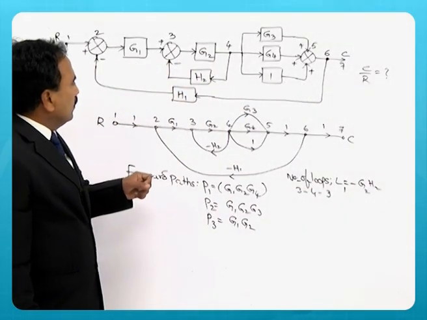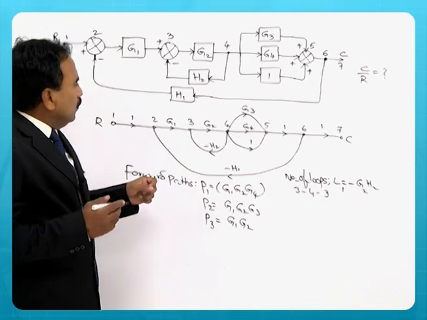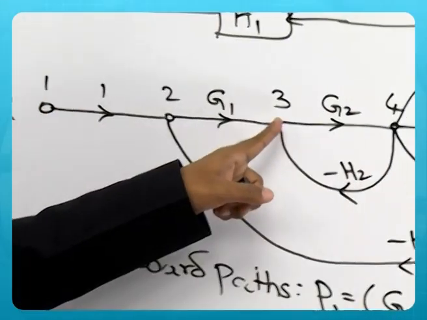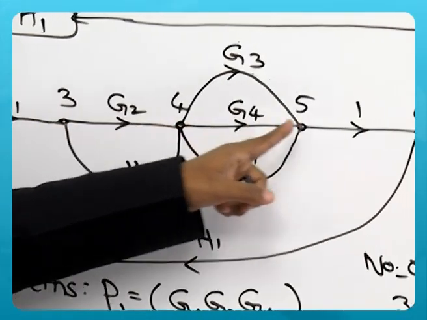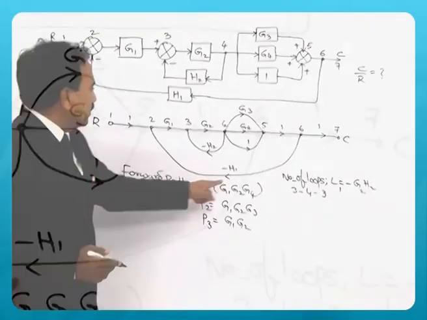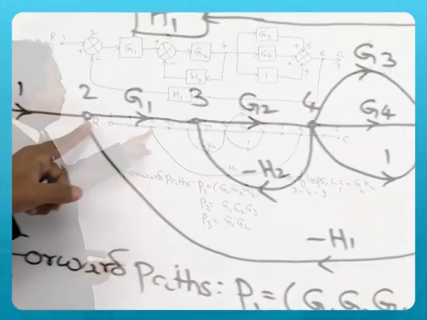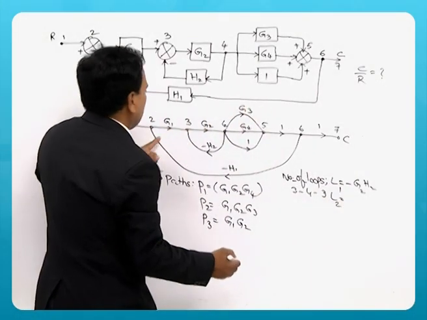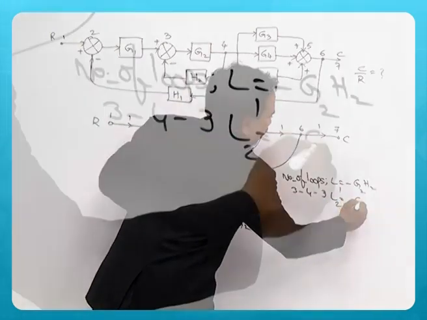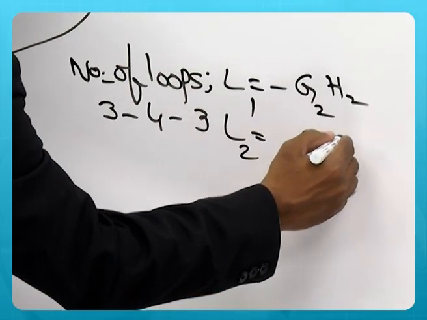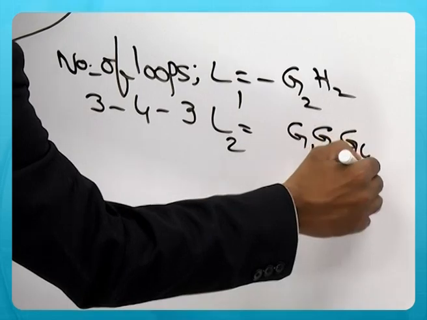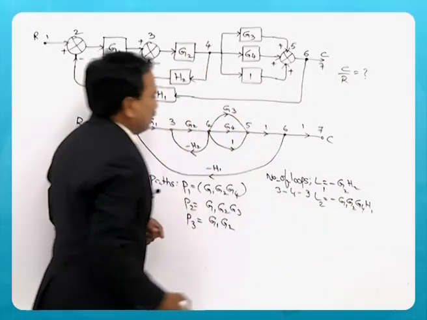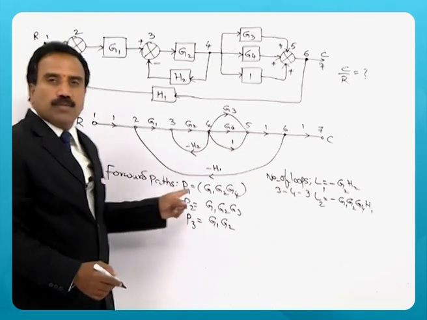Now there is another loop; you can see it starts from 2, 3, 4, 5, 6 and comes back to H1. So L2 is G1, G2, G4, H1 with a minus sign because H1 is negative.